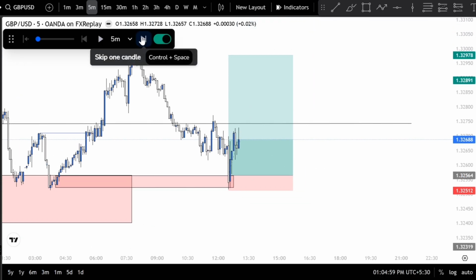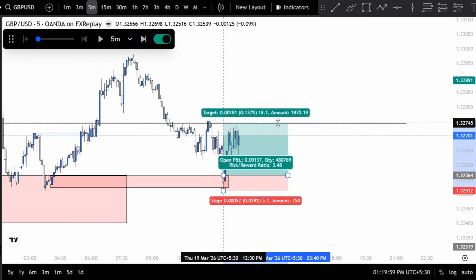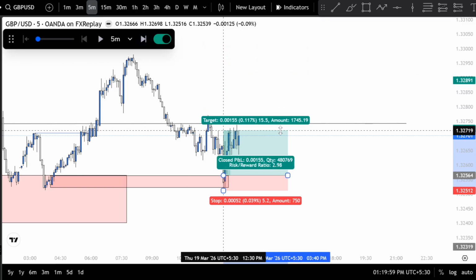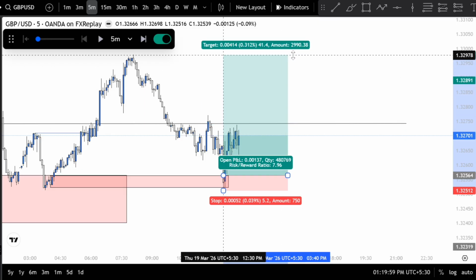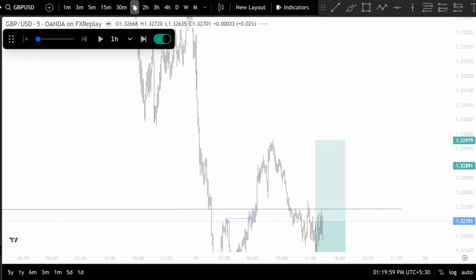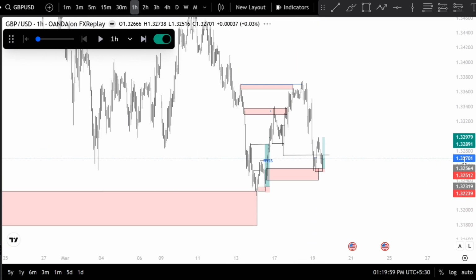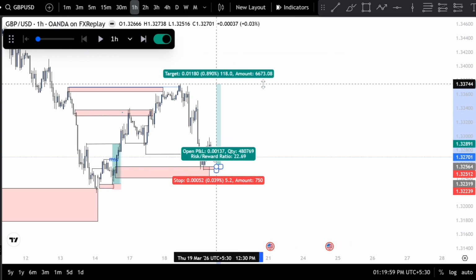Now if you play forward, I usually cut my trade on 1:3. I book 80%. Now I already achieved the first threshold. Second, I will target the final targets here, this high, or if we logically think, this should be our final target, right?